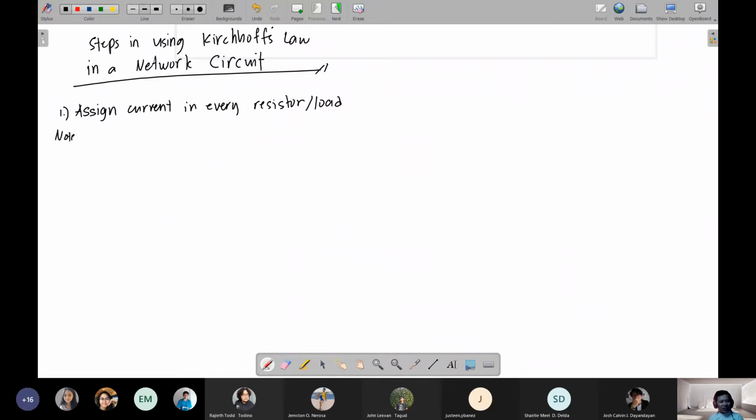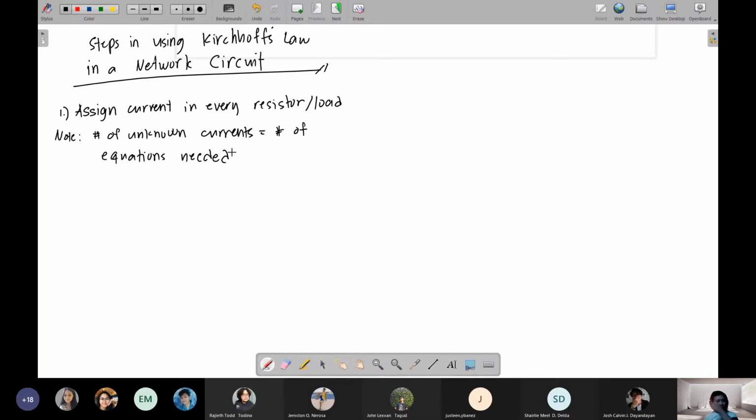Take note that the number of unknown currents equals the number of equations needed. So kung pila ka buok unknown current ang imuhang nabutang diha sa circuit, that will also be the number of equations you need.